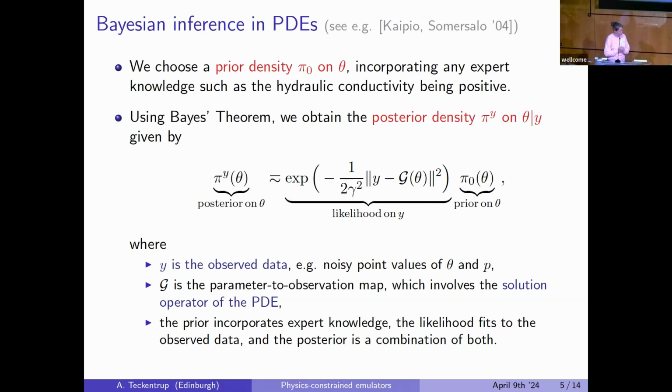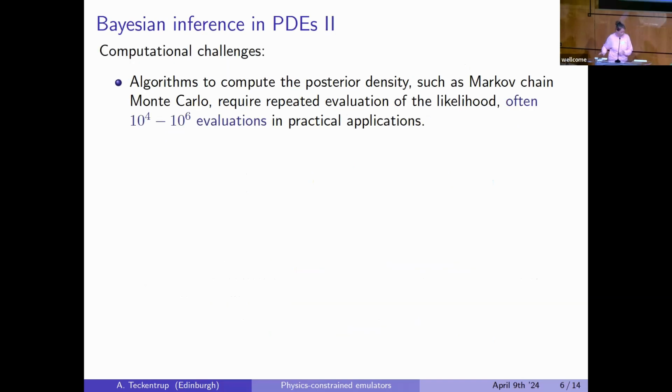As we said, we wanted to infer what theta is, and so this posterior, which is the conditional density of theta conditioned on the observed data y, is what we're after. In practice, that is very difficult to compute in these kinds of applications.